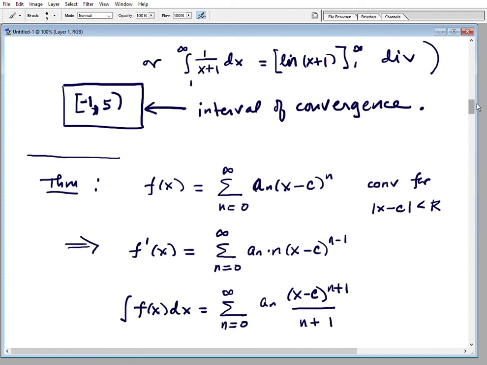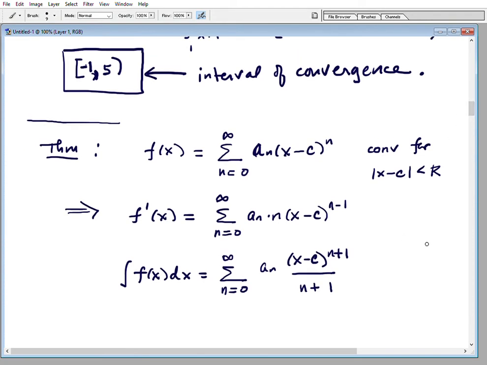You could add a constant onto the end, but I'm just going to do it like this to get one particular antiderivative. So this is the conclusion: that's the derivative and that's the integral, and it's the same radius of convergence.